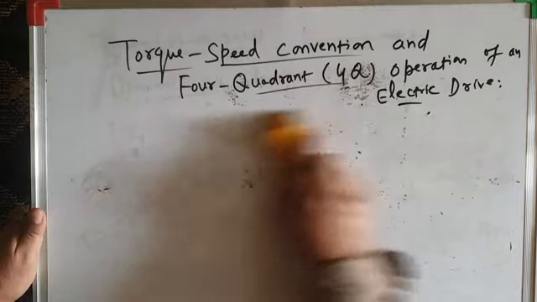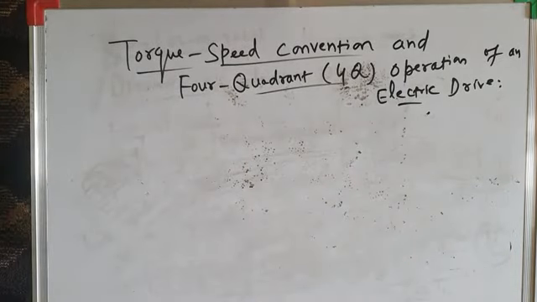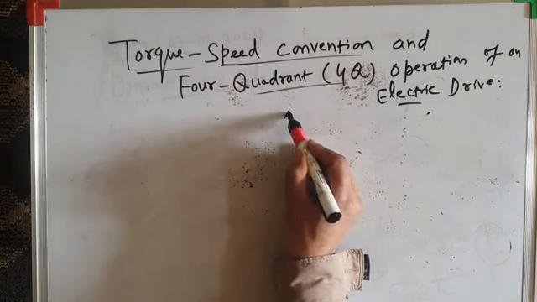Regarding the four quadrant operation of an electric drive, four quadrant operation can be understood in the torque speed plane, and it is required for reversible operation of the motor or for reversible drives.